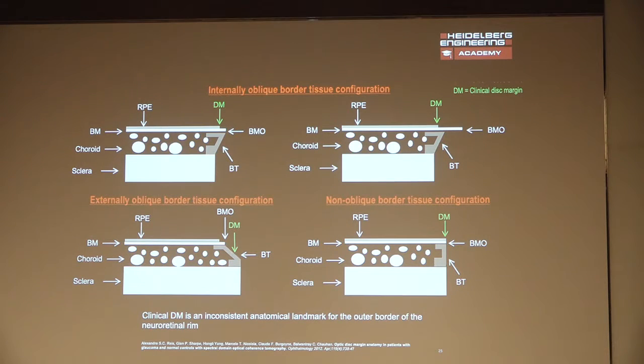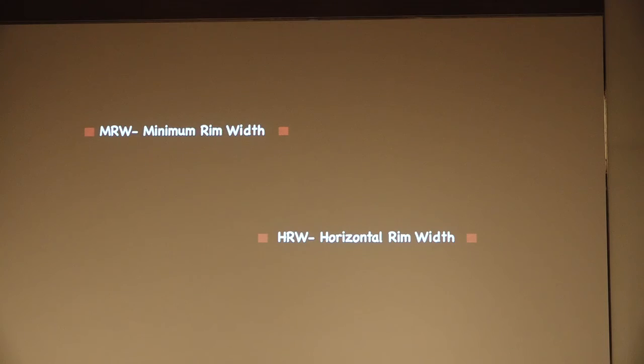But in the internal oblique configuration, the border tissue is internally placed relative to the scleral lip. And in the external oblique configuration, the border tissue comes inside of the scleral lip, the Bruch's membrane opening. So what we see as the clinical disc margin will be made of the scleral lip as well as the border tissue of the L-SNC.